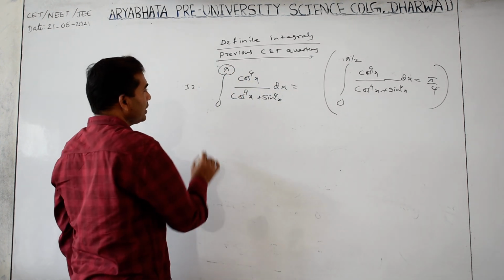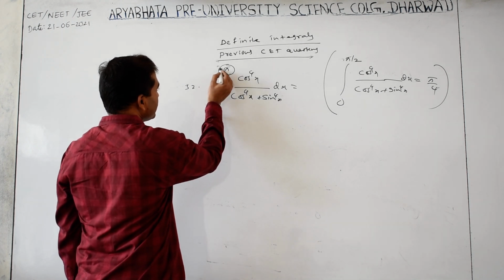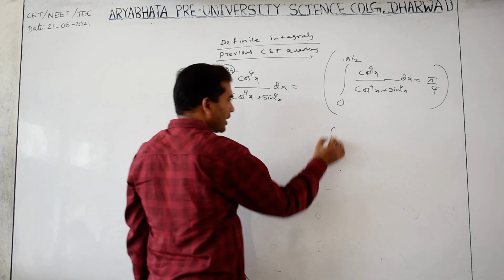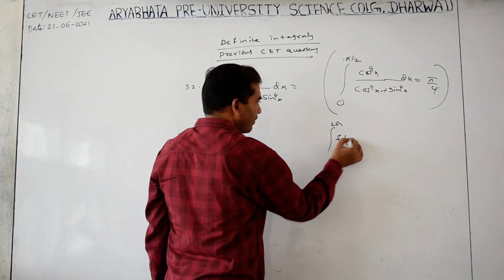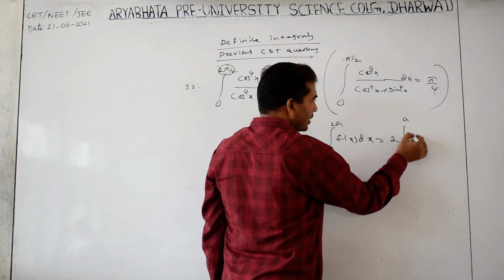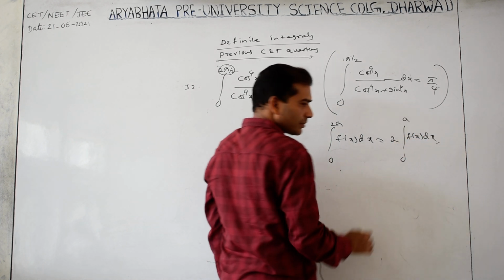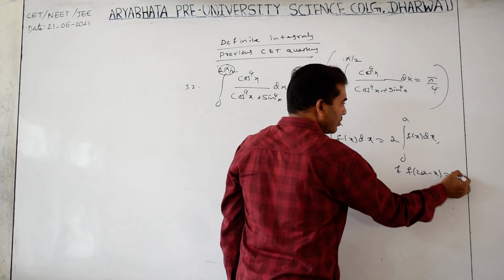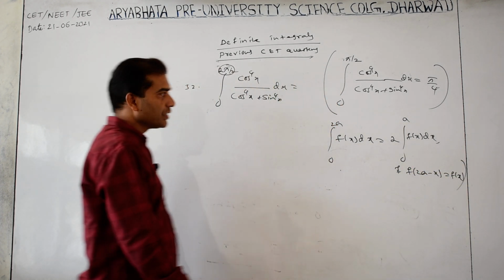How? By using a property. This can be written in 2a form: integration of 0 to 2a f of x dx equals 2 into 0 to a f of x dx, if f of 2a minus x equals f of x. Let me check.